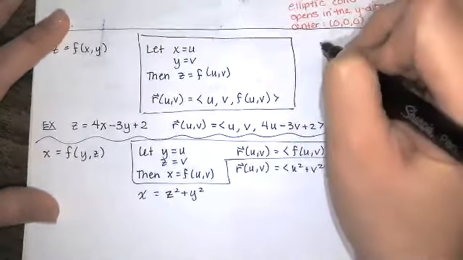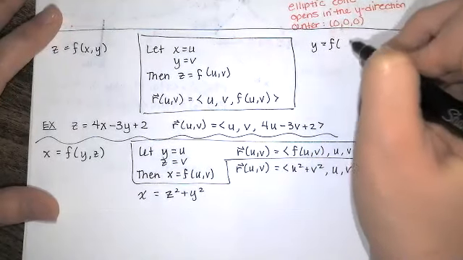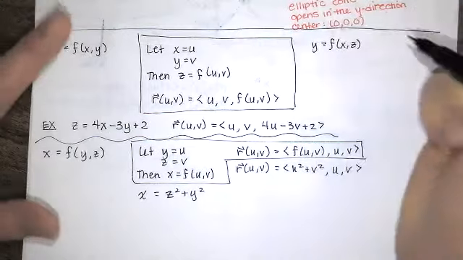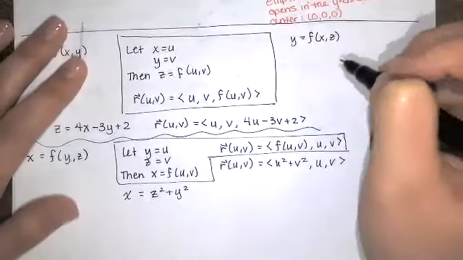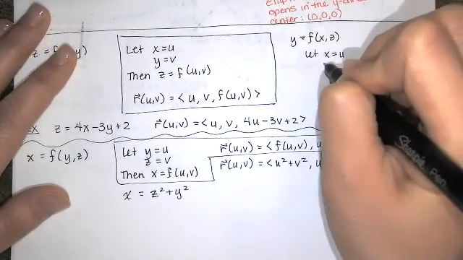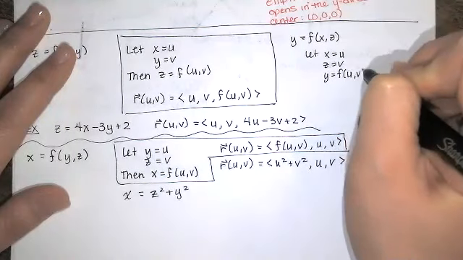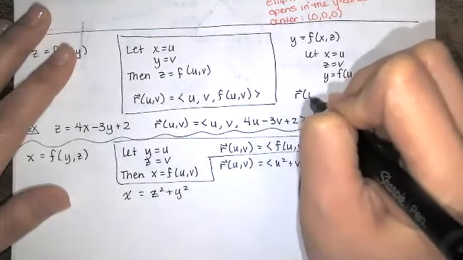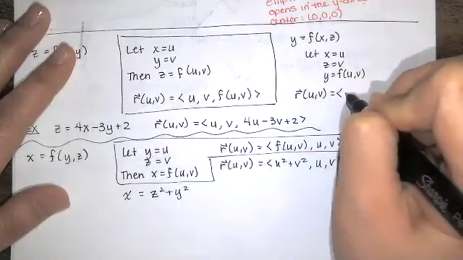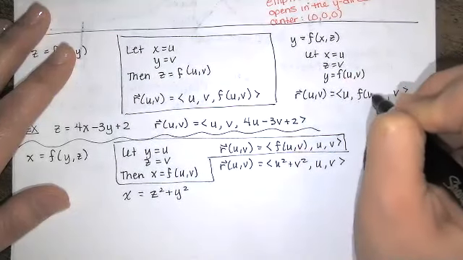And I'll show you the last one, even though you probably don't need it. If y is a function of x and z, we can replace x with u and z with v, then y will be f of u and v. So r is given by x equals u, z equals v, y equals f of u and v.